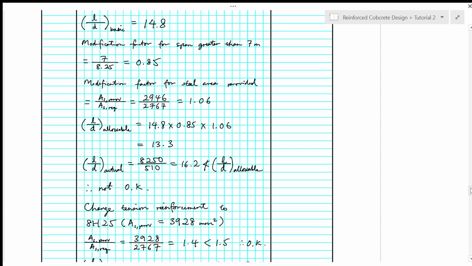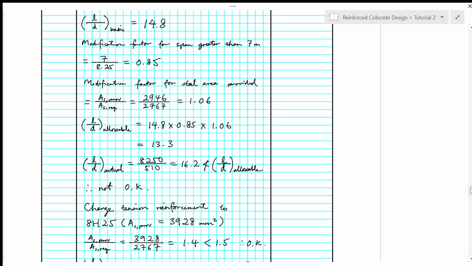So what should we do? Normally if the L over d ratio does not satisfy the allowable L over d ratio, we look at the difference. So the difference here is still quite near, 16.2 and 13.3.